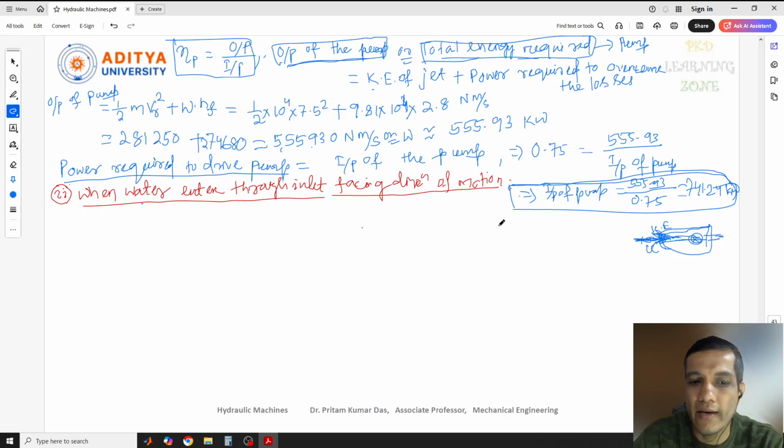So the kinetic energy of the fluid coming inside will be equal to that of the velocity of the moving ship. The energy required to be supplied by the pump will be reduced by this amount.